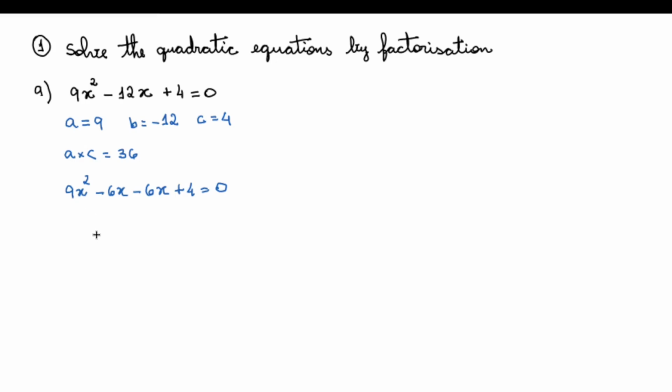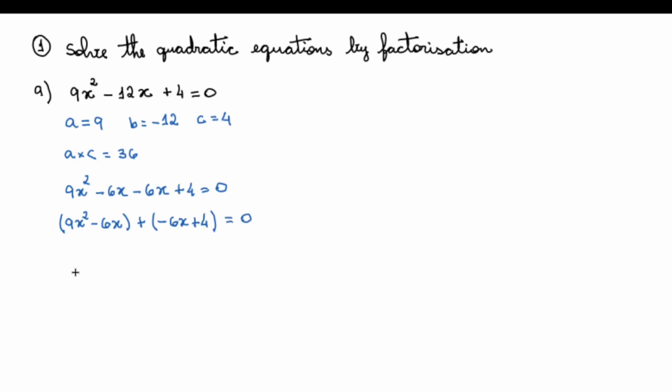Now we can proceed as before. Let's group the terms in pairs: 9x² minus 6x plus minus 6x plus 4 equal to 0.